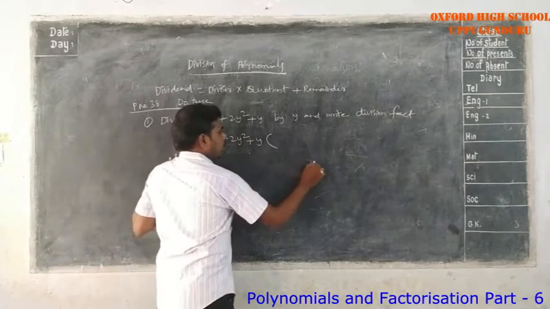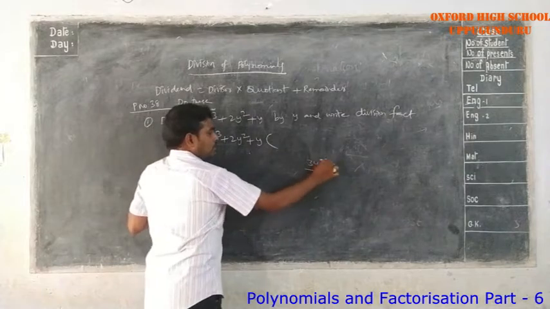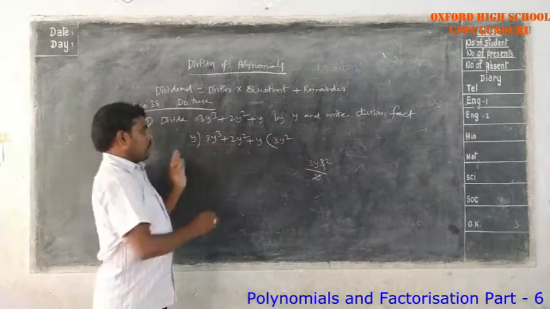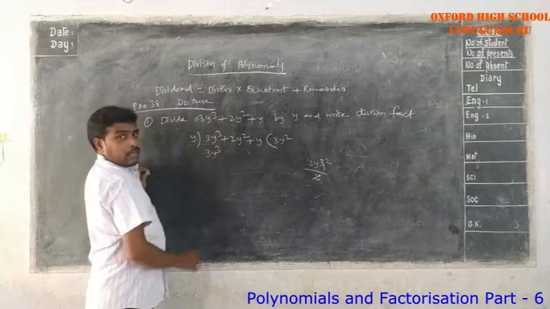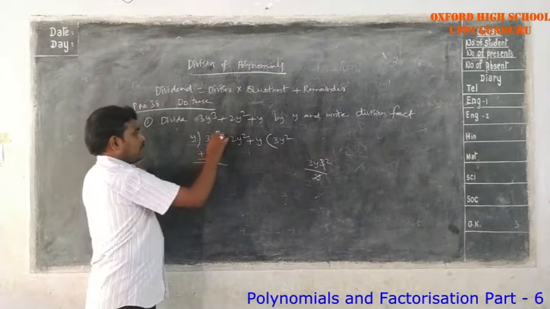So here the first term of the dividend is 3y cube, the first term of the divisor is y. You will get 3y square, that you have to write here. y into 3y square, you will get 3y cube. So you have to subtract, plus becomes minus here.